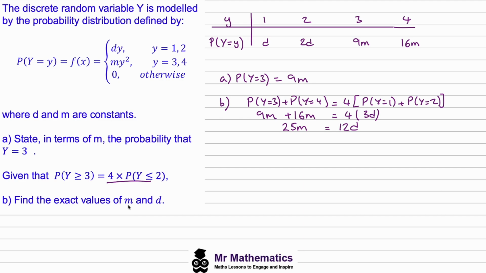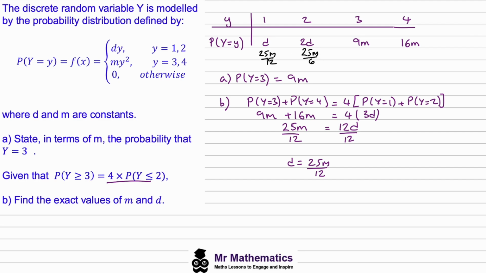To work out the values of m and d, we need to write d or m in terms of the other. So if I divide both sides by 12, then d will be 25m over 12. And then we can substitute this expression for d into our distribution table. So we've got 25m over 12. When we double this, we've got 25m over 6.